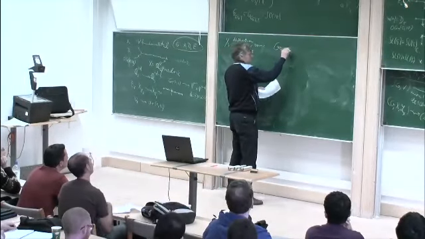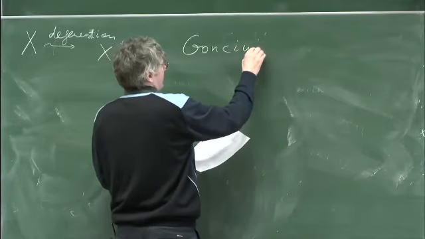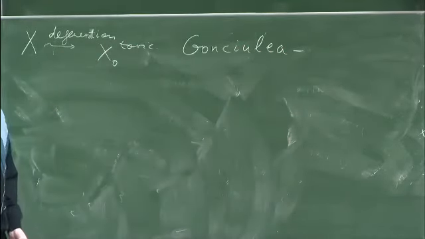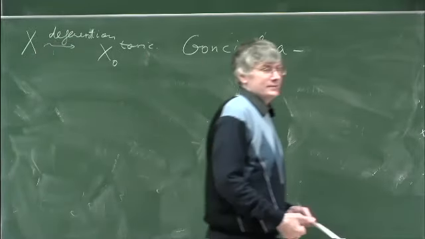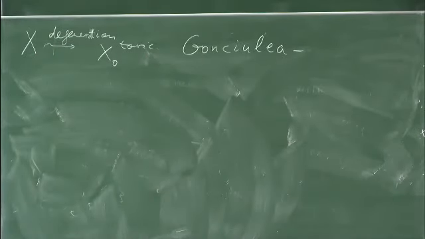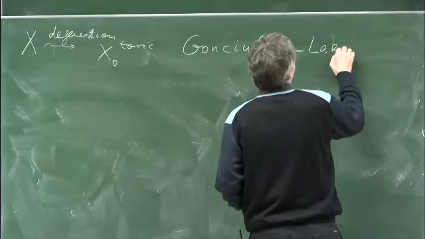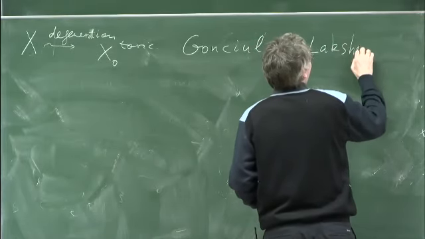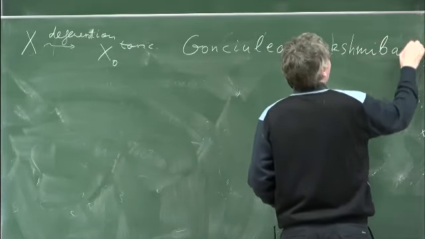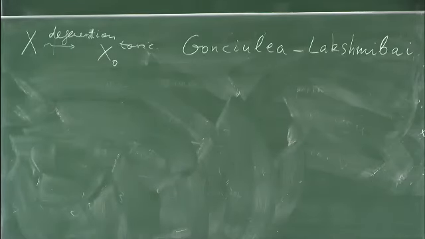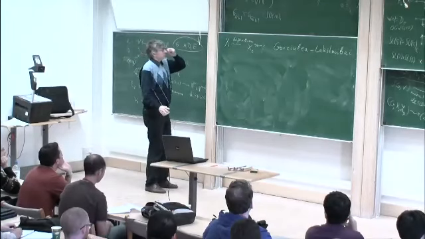I don't know how to pronounce it. English-speaking people say they don't know either. The other one is simpler. It's Lakshmibai. At least it is clear how to pronounce. All right, so they constructed this degeneration.